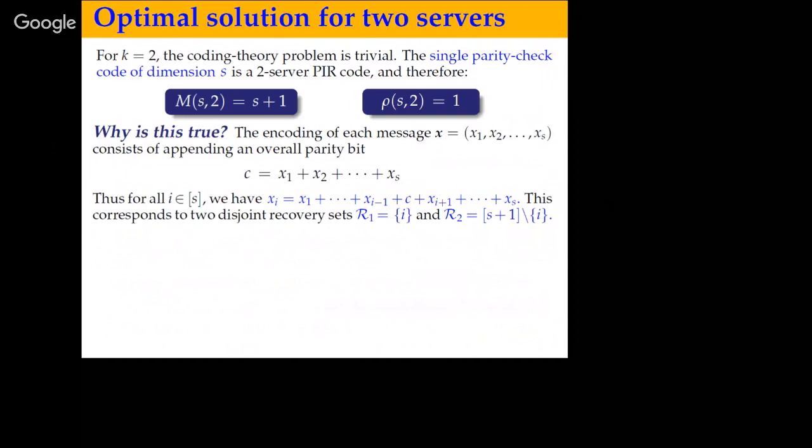Because the sum of all bits is 0, the sum of all the other bits except x_i is also x_i. And so my 2 disjoint recovery sets for i are just i itself, and then all the others. This is clear. There are 2, they're disjoint, and I can do it for every bit. And I was able to do it by adding only 1 bit of redundancy.